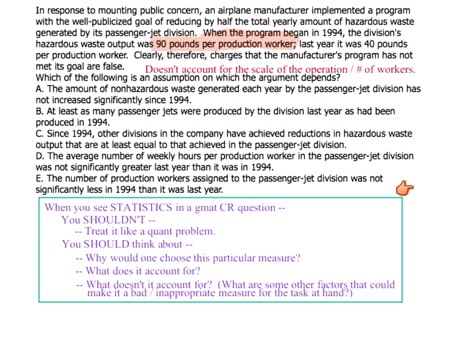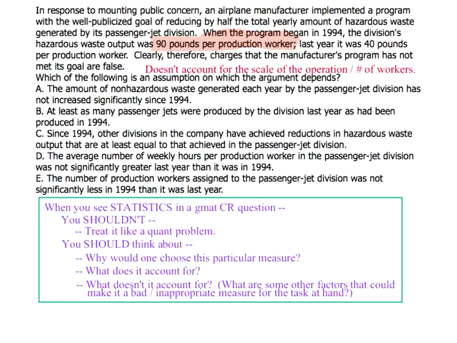So the point is it's not a good, bad, black, white, yes, no kind of thing. What you should be able to do is say what the advantages and disadvantages of each of these statistical measures are, and when you would use them and when you would not. So what we've got here is a bunch of things about pounds per production worker. But that's not what the manufacturer's goal is stated in terms of.